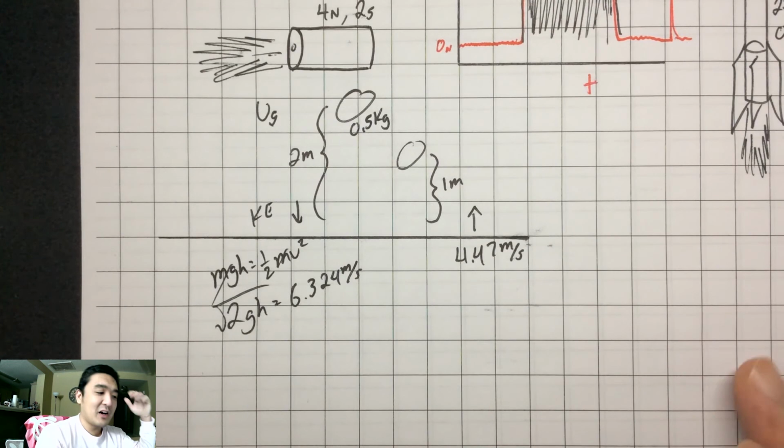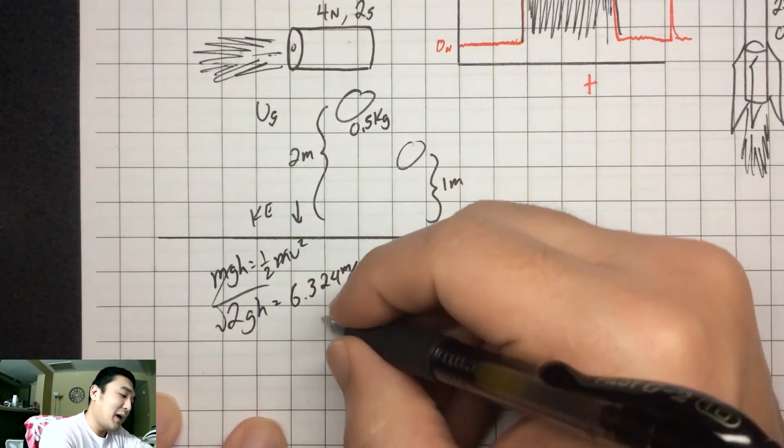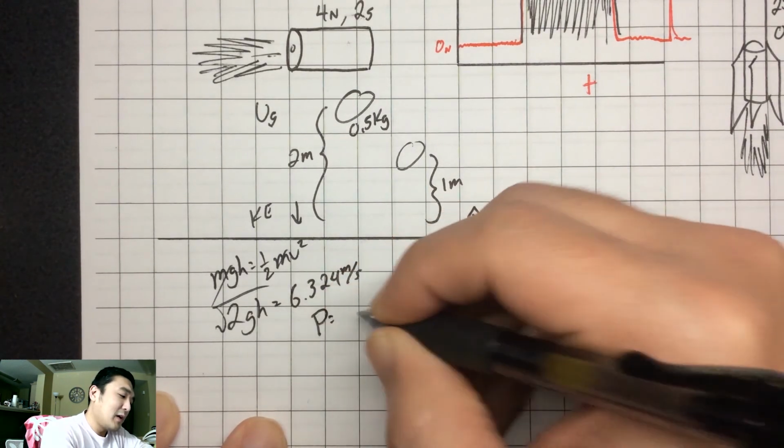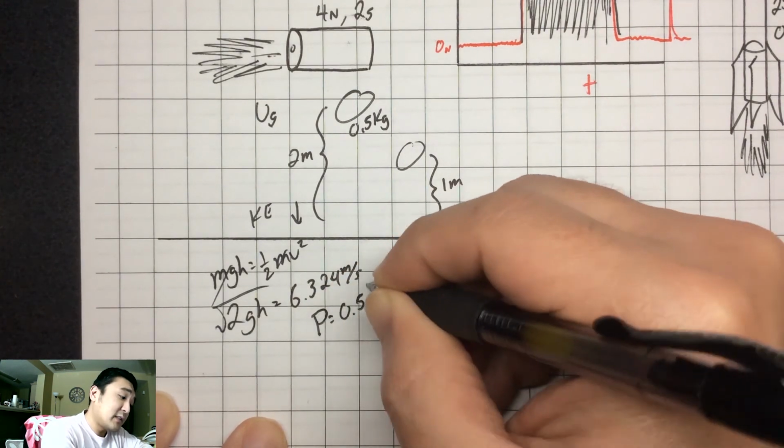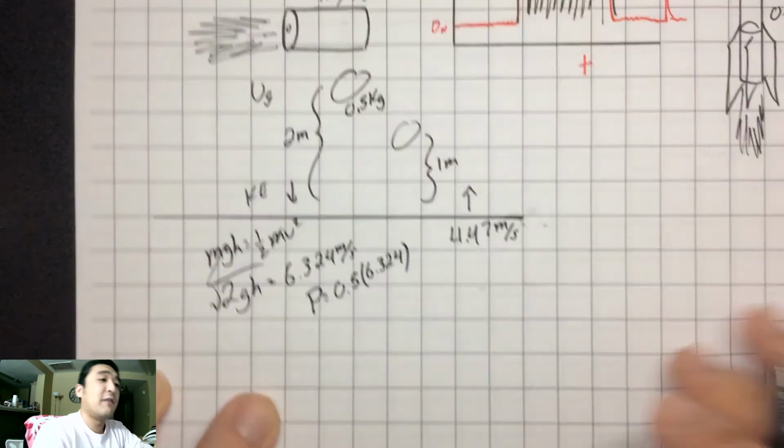And so now we can talk about energy loss, but let's talk about momentum. As far as momentum goes, was there an impulse? And a student should say, well, yes, there was an impulse. And I would say, how much? And you would say, okay, well, you had momentum coming in, which was the mass times the velocity of the ball.